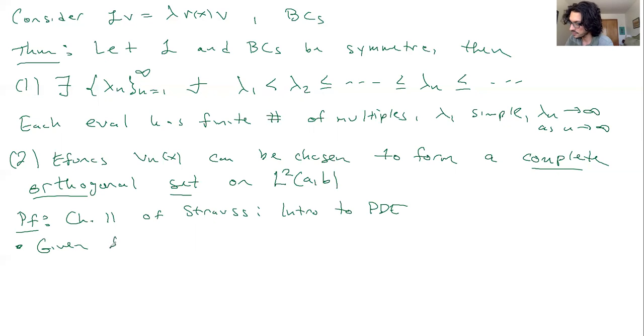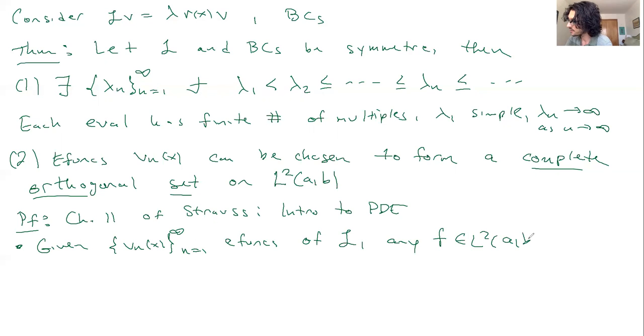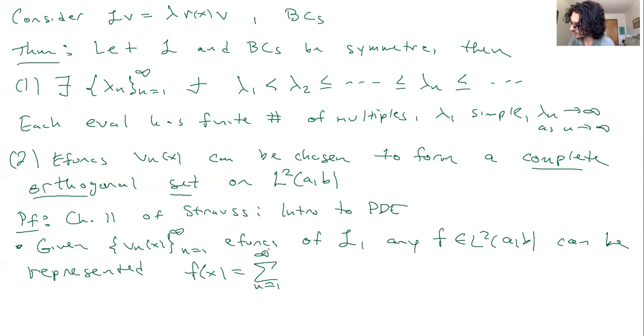Now, given these eigenfunctions v_n of our linear operator, what we can say now is that any f that's in L2 can be represented as follows. f of x is equal to the sum from n equals 1 up to infinity, where the coefficients are going to be the inner product of f with v_n times v_n.